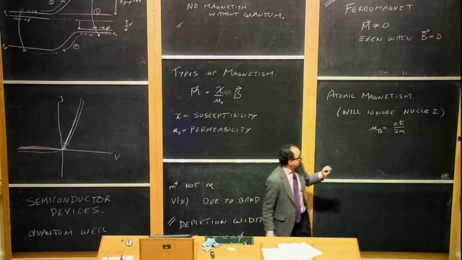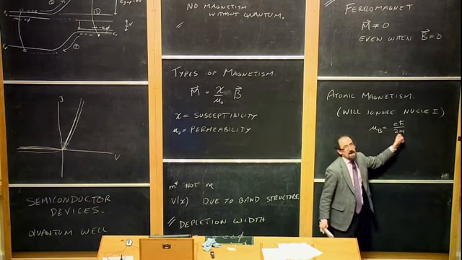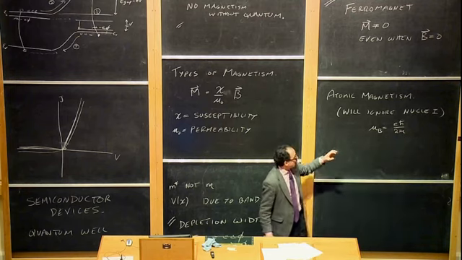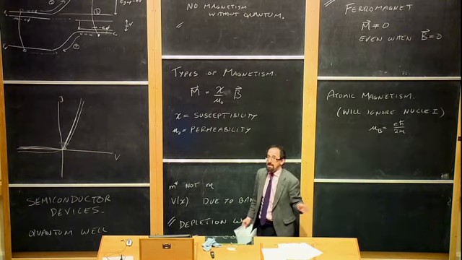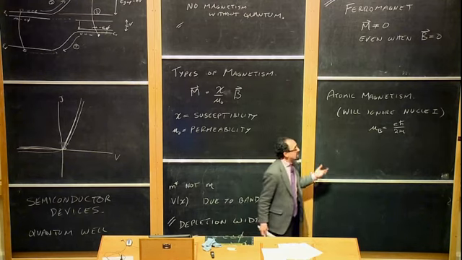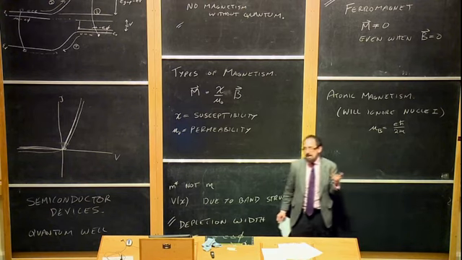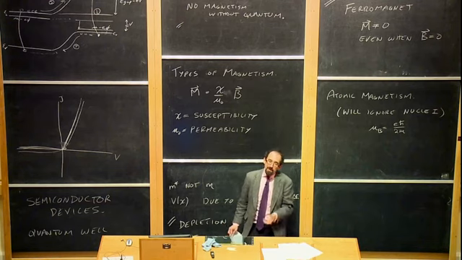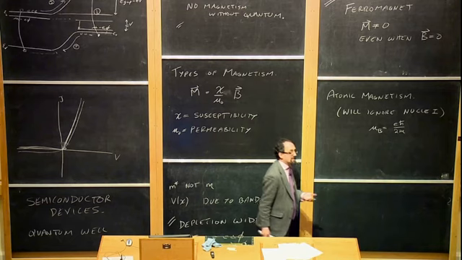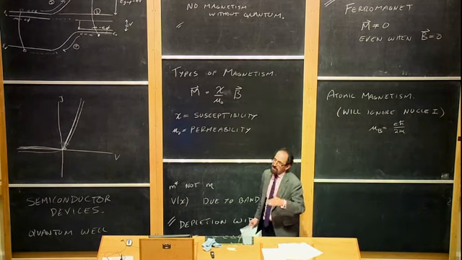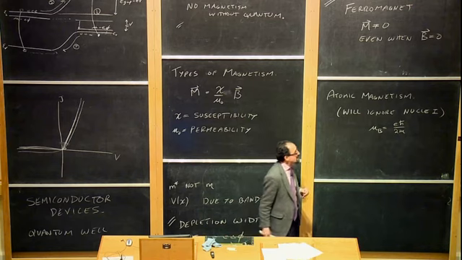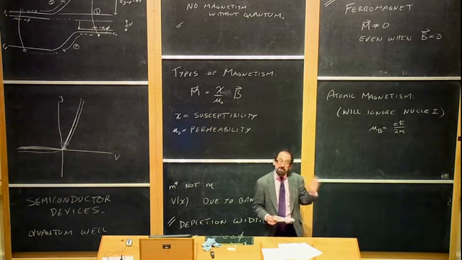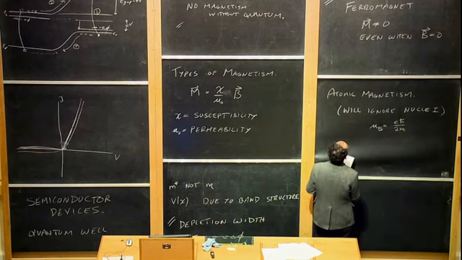It's similar for a nucleon, a proton or a neutron, but the mass that enters in here is bigger by a factor of 1,000 or 2,000 or something. So the magnetic moment that you get from a nucleus is much smaller than the magnetic moment you get from electrons. And that's why we're usually not concerned with the magnetism of nuclei. It is there. It sometimes turns out to be important, especially if you're thinking about things at extremely low temperatures or if you're looking at very, very subtle and fine effects. You do have to worry about the magnetism of nuclei. But for us, we're only going to be worried about the magnetism of the electrons because it's just much bigger. Okay? So we're going to ignore the nuclei.